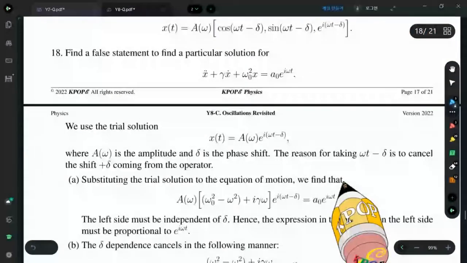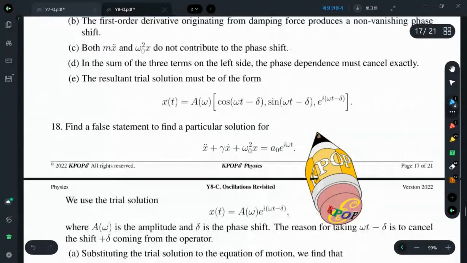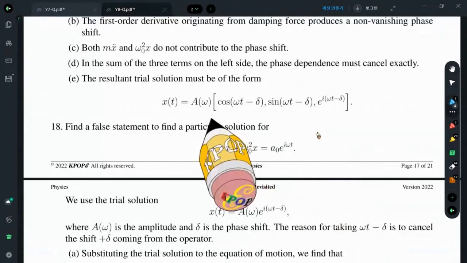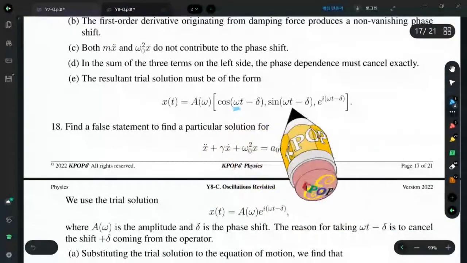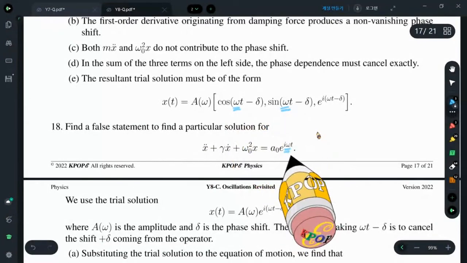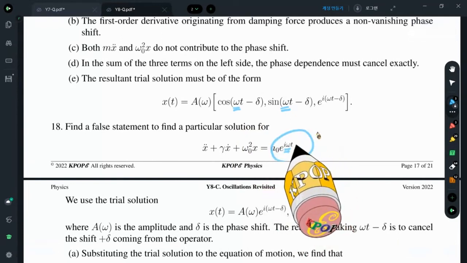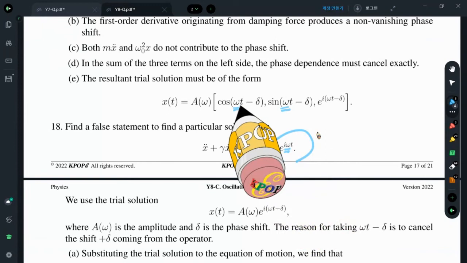And this specific solution can be solved by substituting the trial solution. In here, this omega should be the same as the omega of the driving force, because this right-hand side is a sinusoidal function of frequency omega.